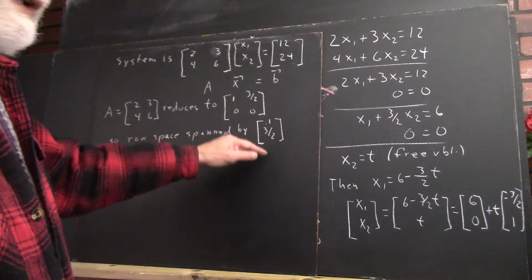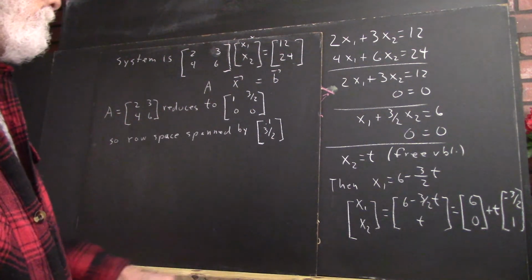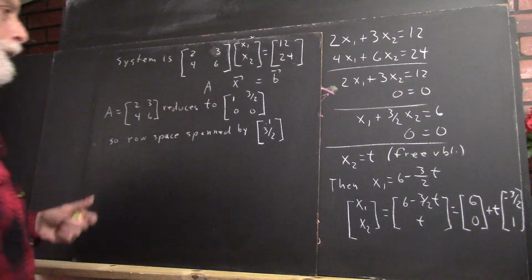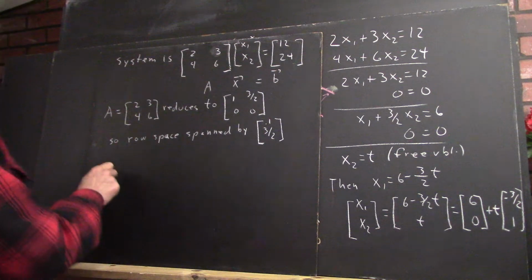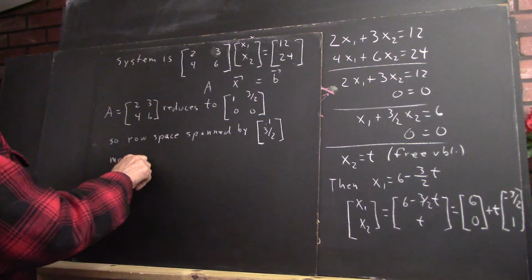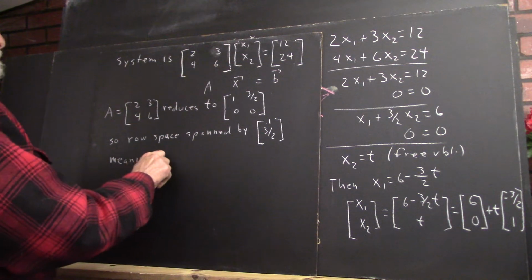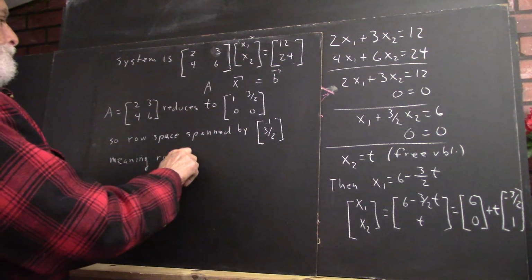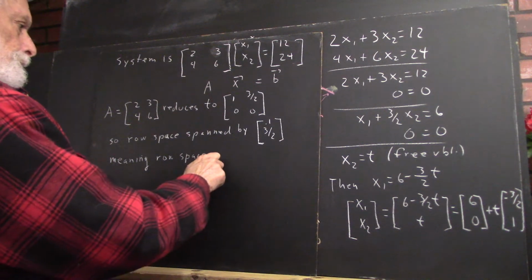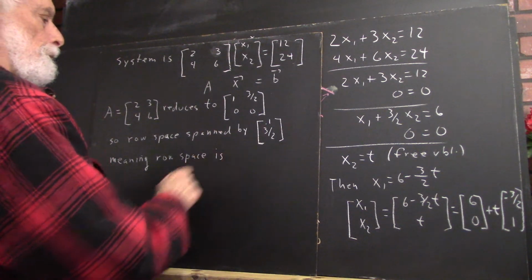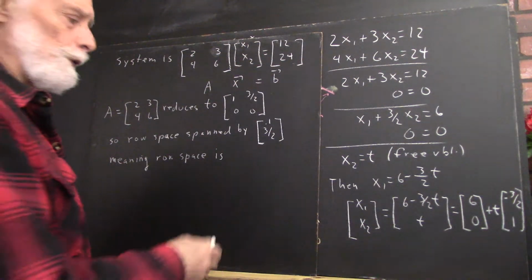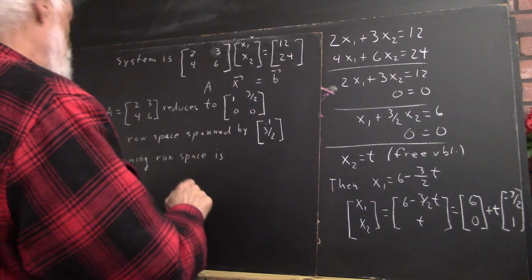Okay, that's 1, 3/2. Meaning the row space is the set of vectors, and I'm going to be a little sloppy with calculation.